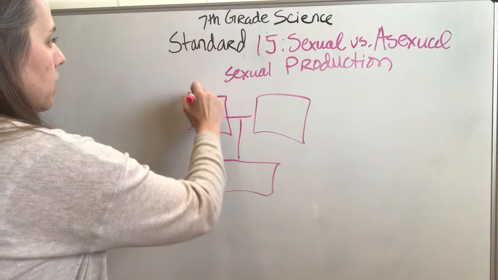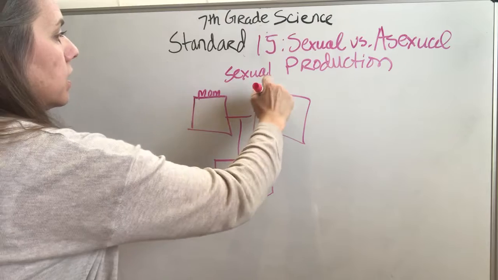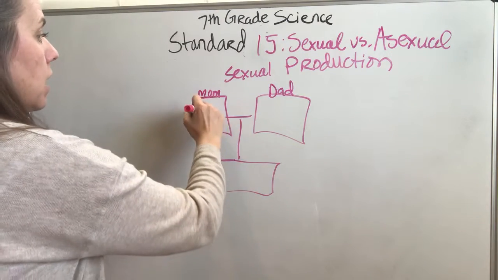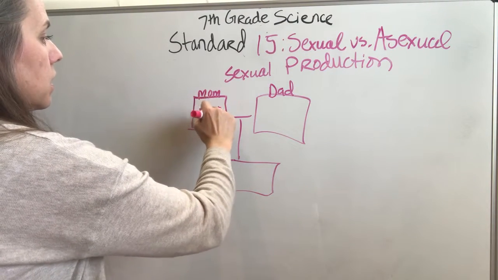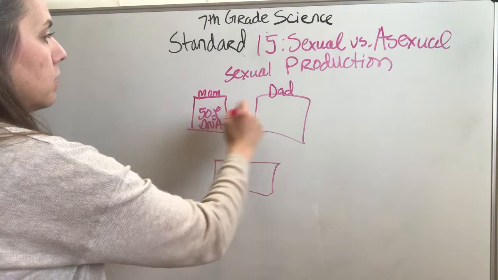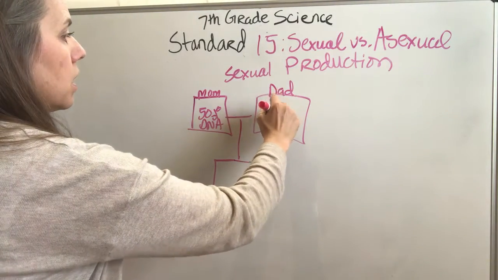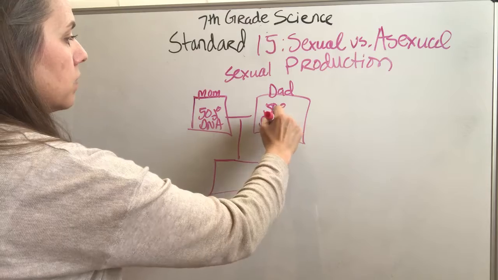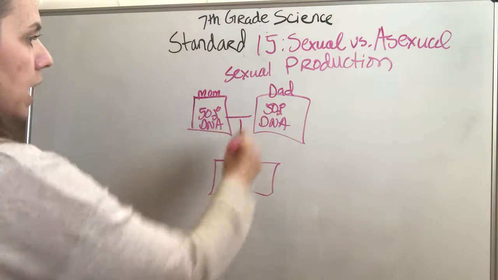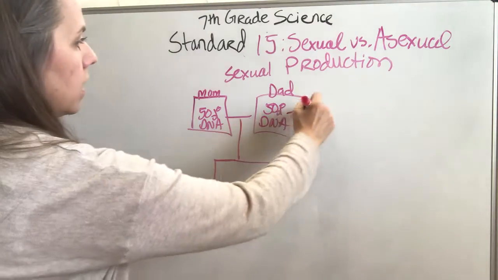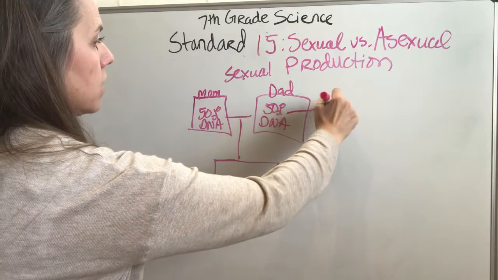But this would be like mom and dad, a male and a female, and 50% of the DNA would come from mom, and 50% of the offspring's DNA comes from dad. And this DNA includes lots of different traits.